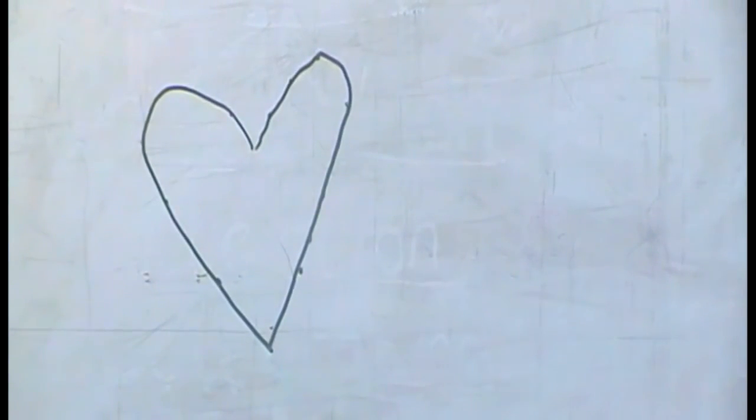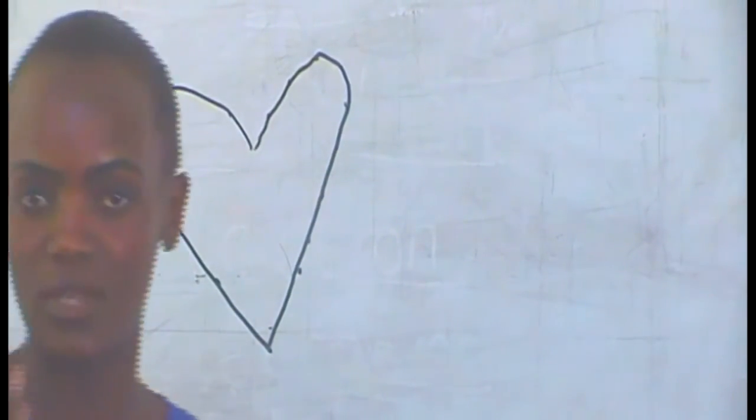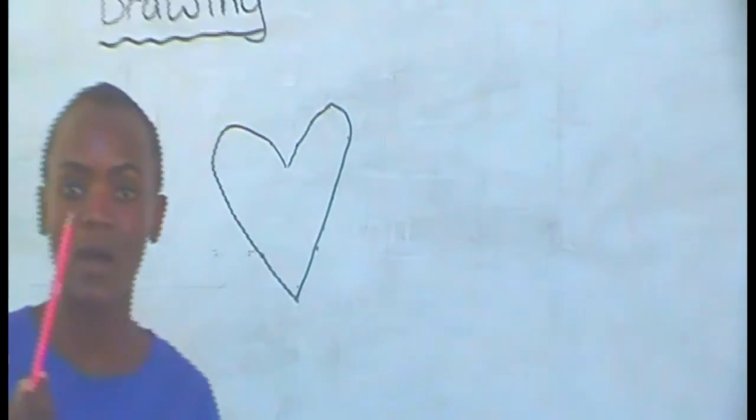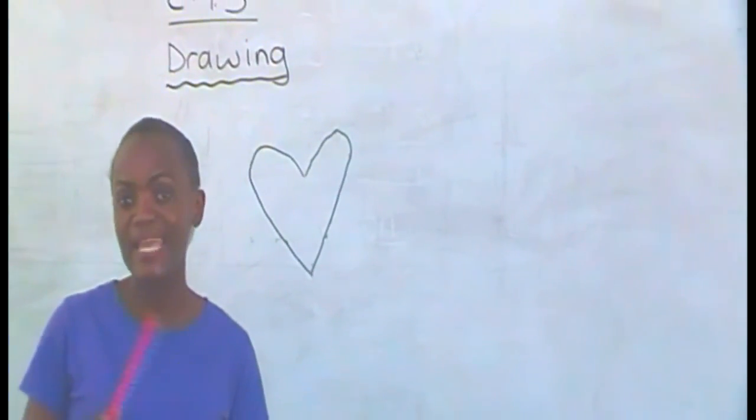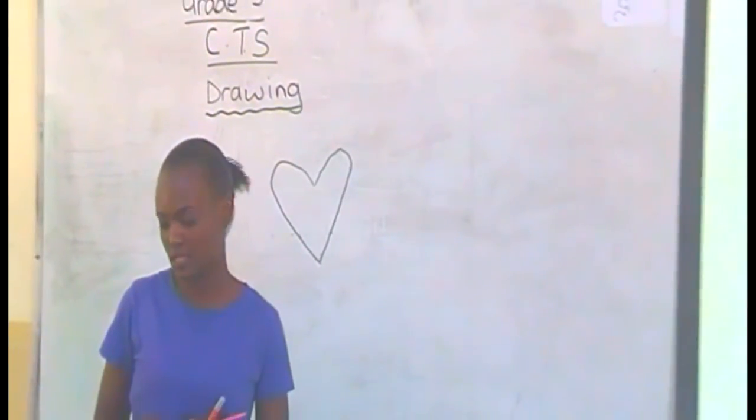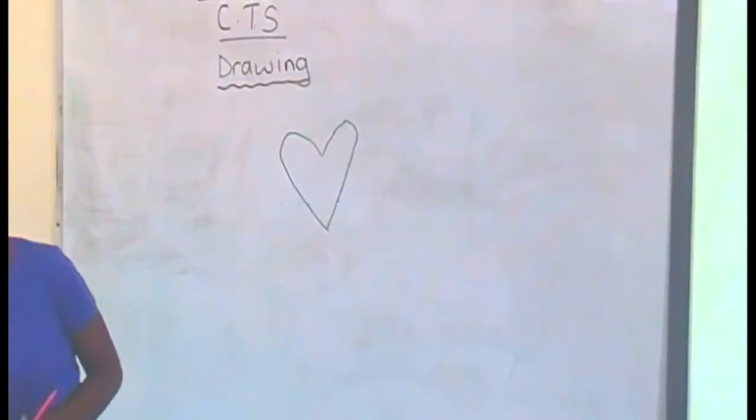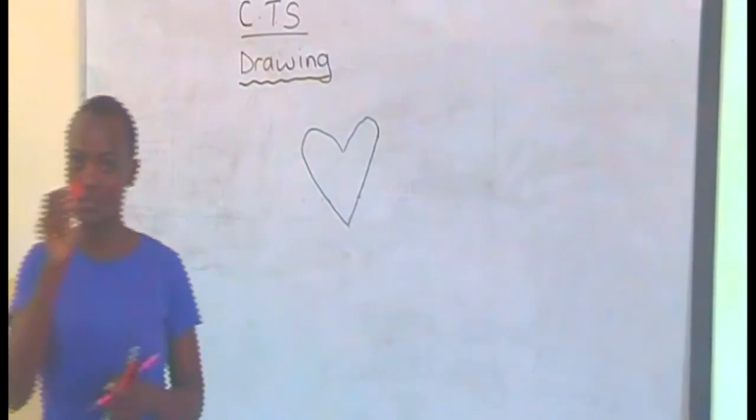Then your heart is drawn using that. So you can either use a marker or you can use a pencil to come up with your drawing. In case you have made a mistake, that is why we have the rubber with you.